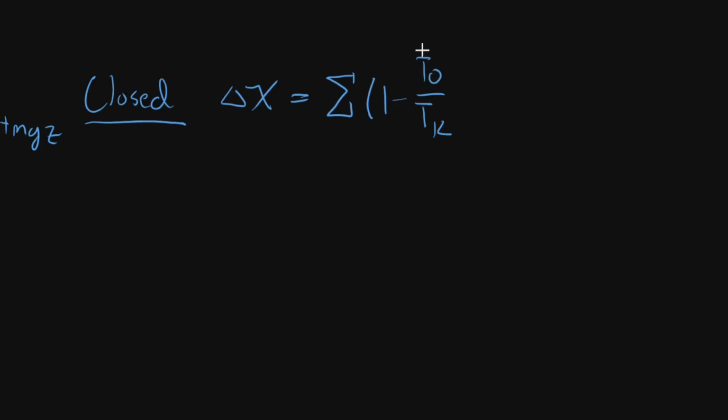T naught is our external, and T_k is the boundary temperature. We're summing over k times Q_k, where k is just our subscript as we're adding things up. Just remember that this is the efficiency, the work output we can get divided by Q in. So if we multiply it by Q in, this is the total work output we can get. We did the same thing earlier.